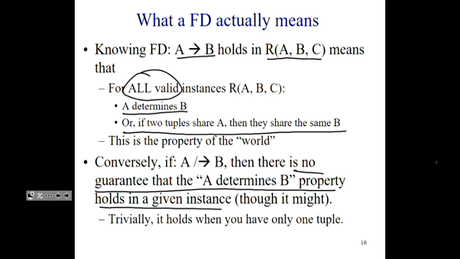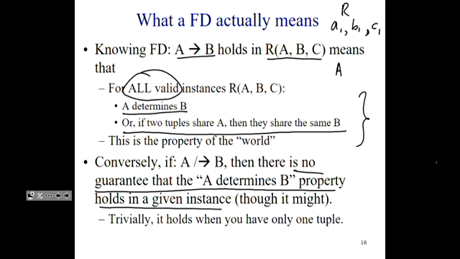Like I said, this is a property of the world rather than a specific instance. So if a relation has a single tuple, R with A1, B1, C1, you may be tempted to say, you know what, I can come up with any functional dependency and it holds.